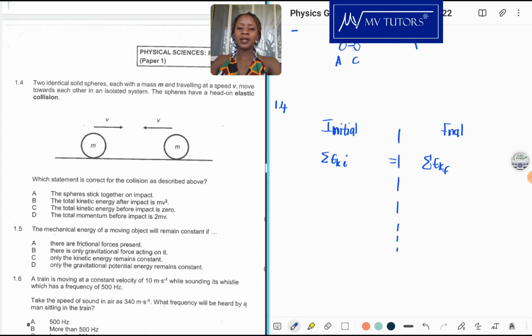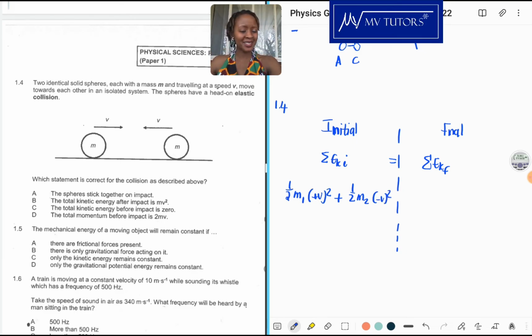Initially, a solid sphere comes, and the other one comes as well. So we have half m1, where I'm going to call the one on the left 1, and the one on the right 2. So half m v squared, where if I take going to the right as positive, v is positive, plus half m2 times negative v squared, since the other one is going in the other direction.